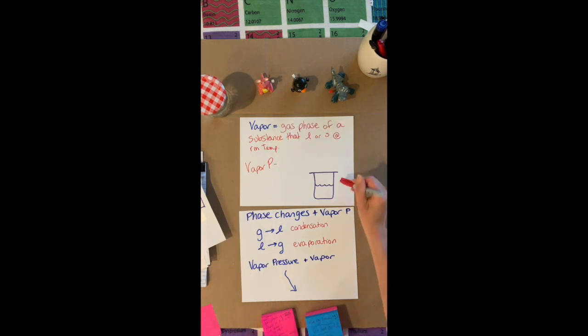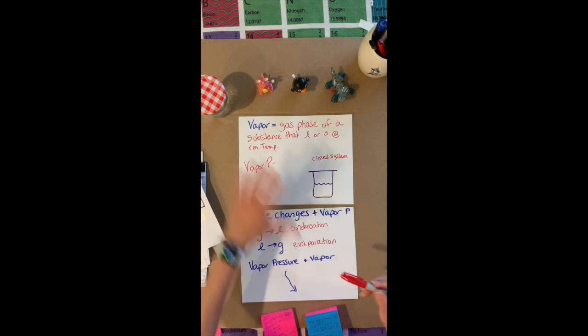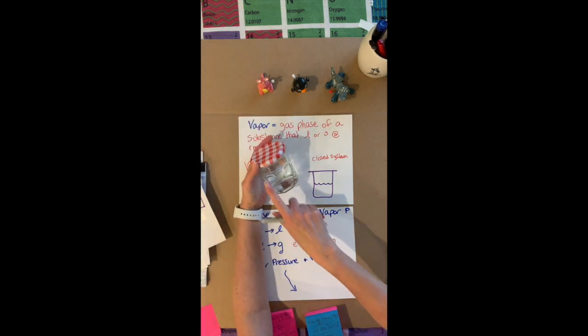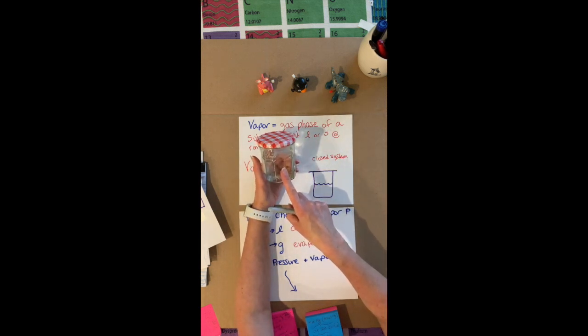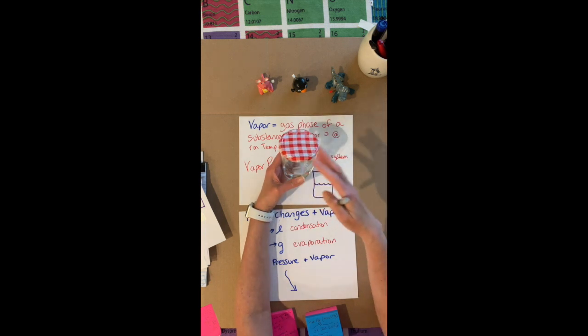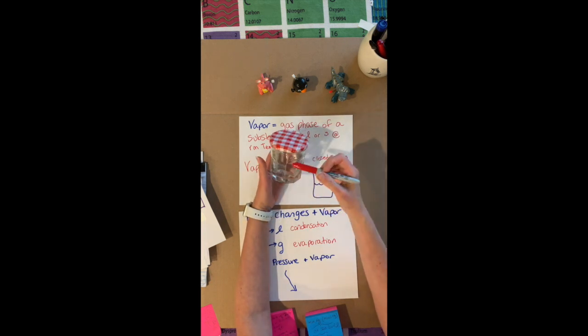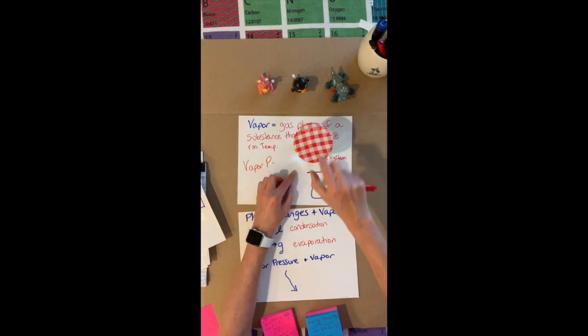So what I've drawn here is a closed system, just like this capped jar is a closed system that I've created here. If you think about it, if I left this jar sitting here undisturbed for a year from now, what do you think is going to happen to the level of the water in that jar?